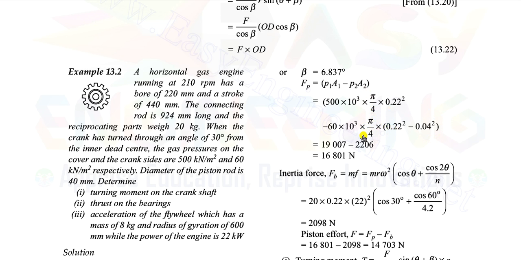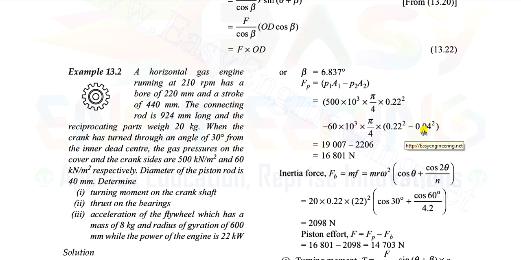Now when you calculate A2, please remember how much area is exposed to this P2. Here you will see an annular ring, a ring-like area, because this is the piston rod diameter.